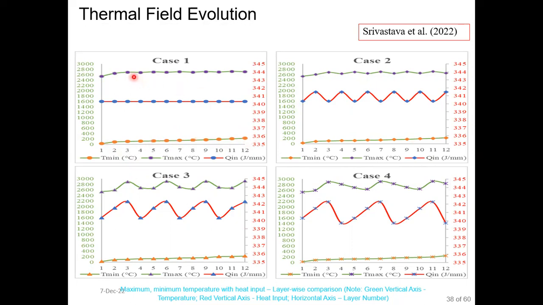However, maximum temperature is constant in case 1, with little variation in case 2, and considerable variation in case 3 and case 4. Apart from that, minimum temperature keeps on increasing. The smallest minimum temperature increase is in case 2, which is 198 degrees Celsius. However, the maximum is 220 degrees Celsius in the case of the 4-tier system, which is case 4.